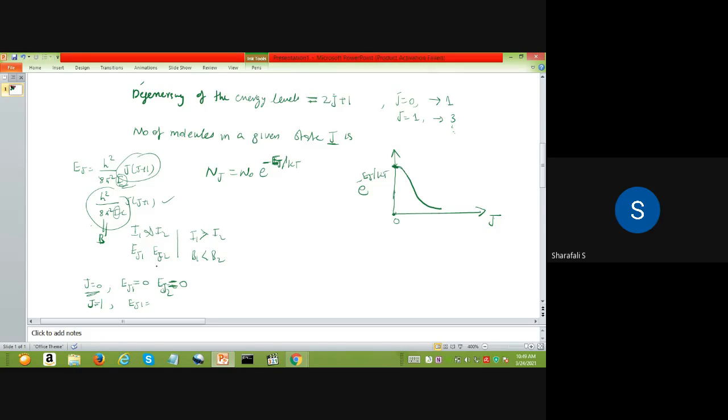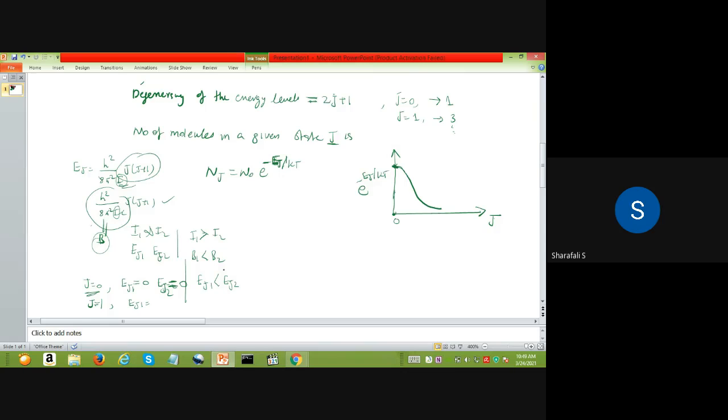Okay, so correspondingly, what will happen to my energy EJ1? If B is larger, my energy also will be larger. So this quantity is less than EJ2.